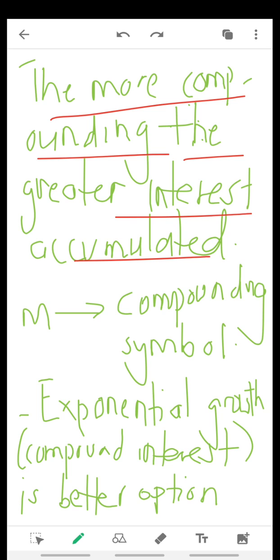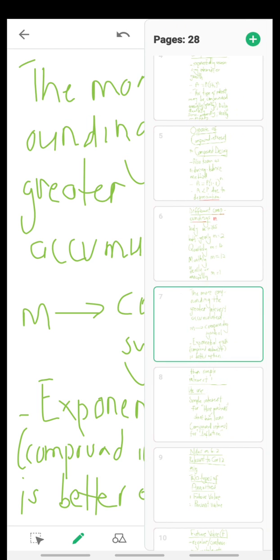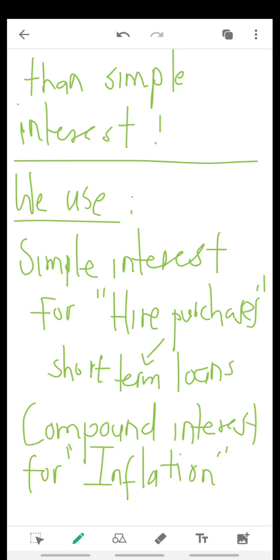The one where you get a fixed interest or an exponentially increasing interest, it would be the exponential growth. Okay, exponentially increasing interest, the compound interest, is the better option. They will normally ask you which option is best, so you'll need to think of that. So it's the best option compared to the simple interest.